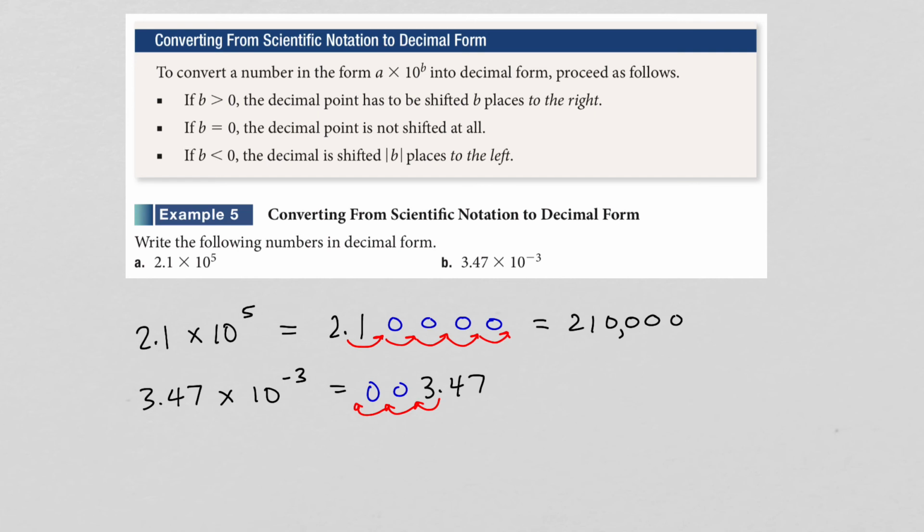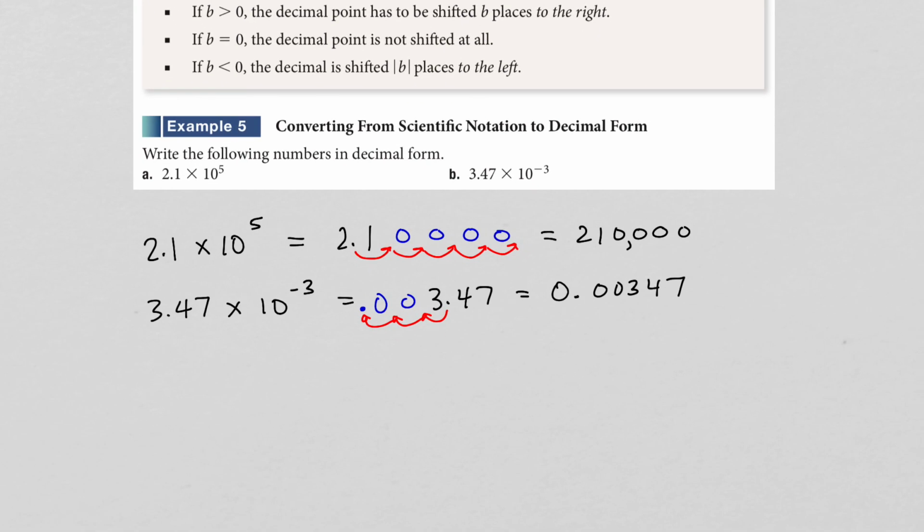And because I'm moving it to the left and there's nothing there, I'm going to put the decimal right there. And so this becomes the number 0.00347. So another way to think about scientific notation is that when your power is positive, that generally represents a large number. And when your power is negative, this generally represents a small number.